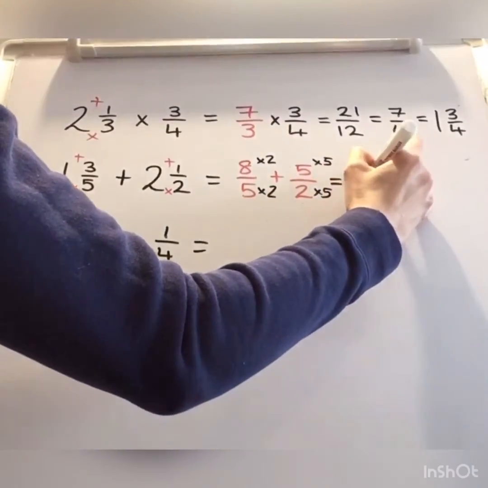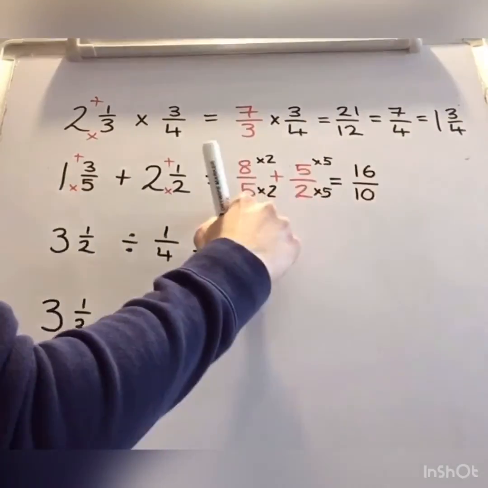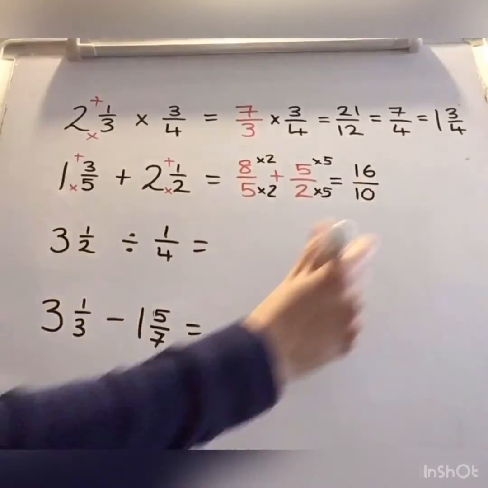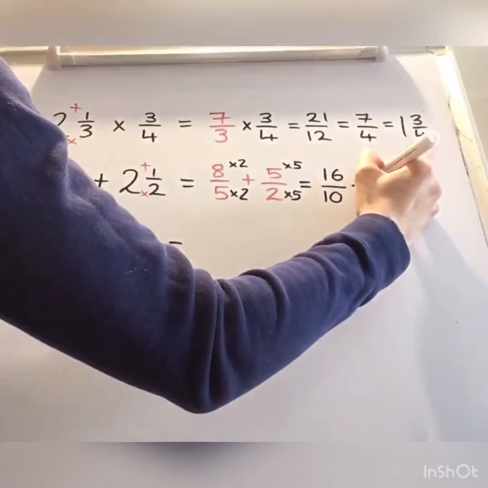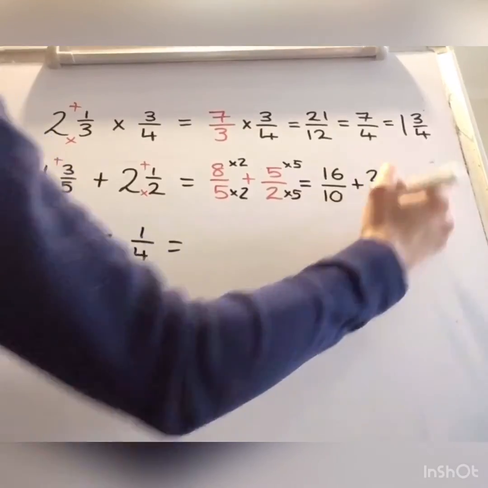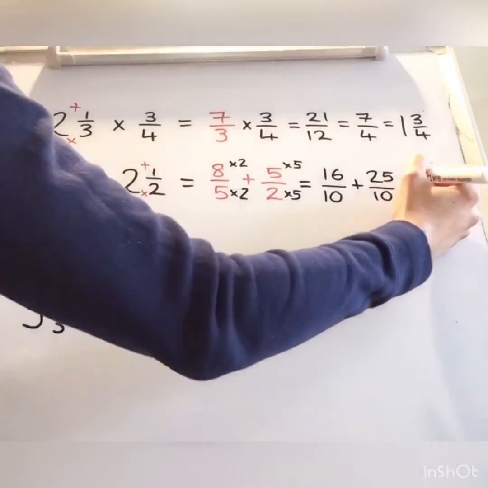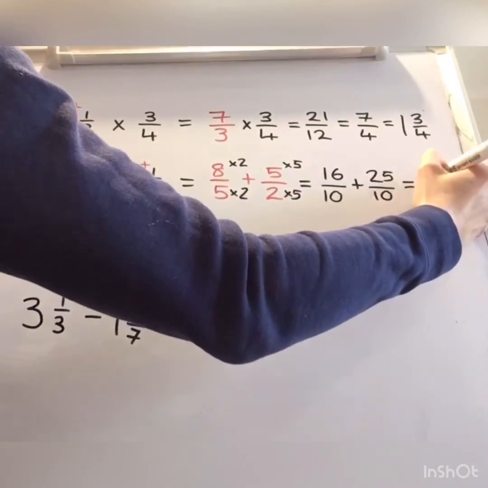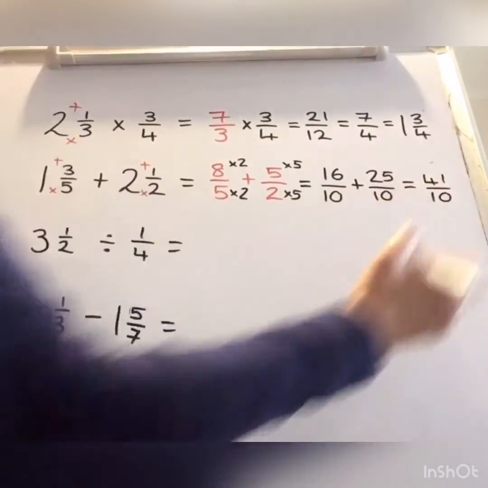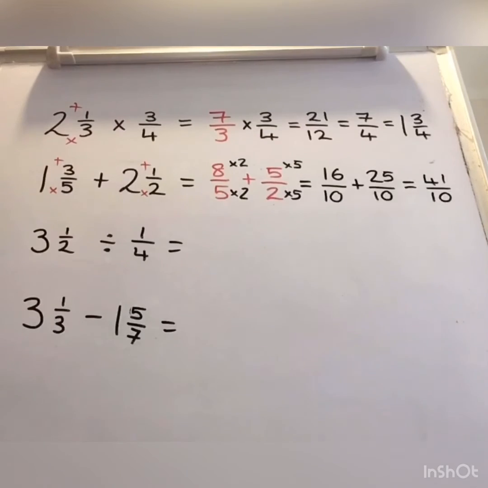So I get 16 over 10, so these two are equivalent here, plus 25 over 10. Now we've got a common denominator, which is 10, we can add them together. So 16 add 25 is 41, so I get 41 over 10.